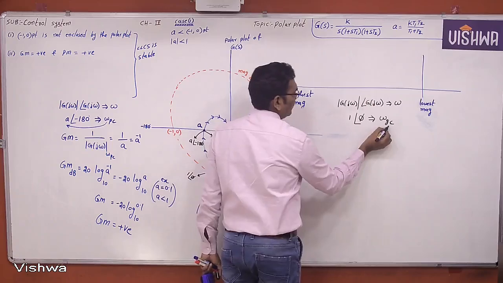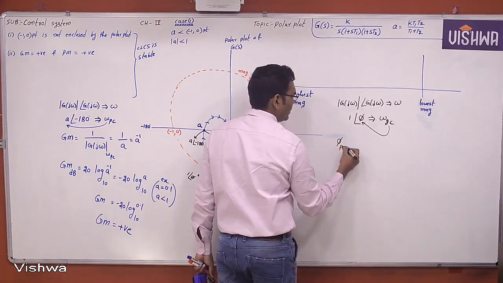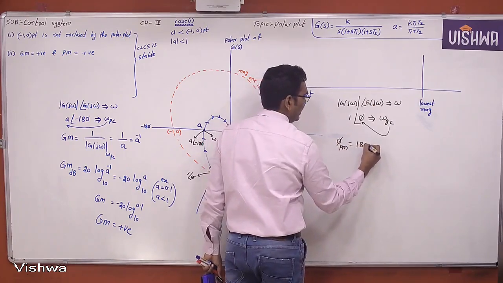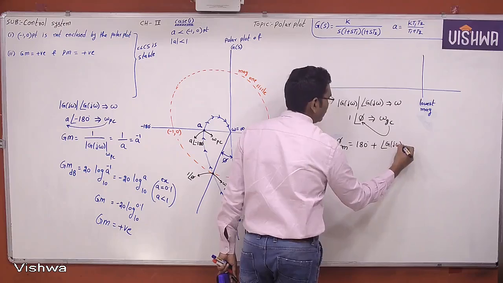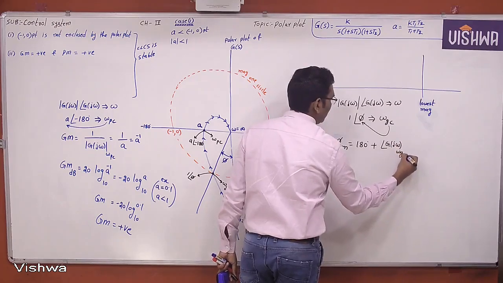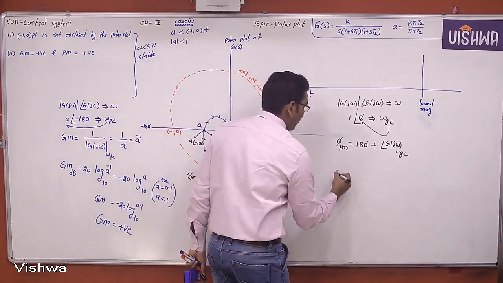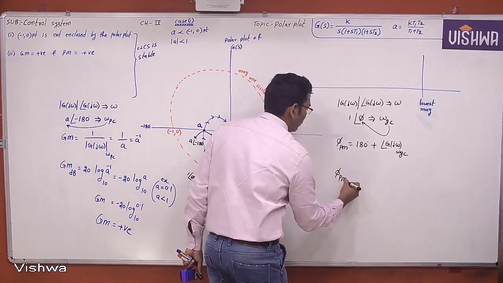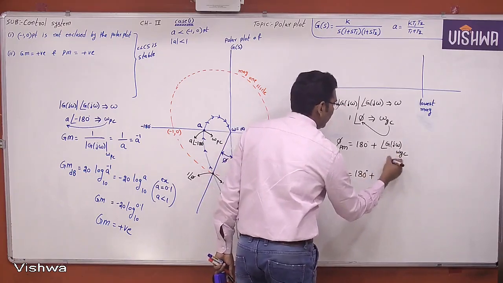At gain crossover frequency, this is the phase angle. But what is the phase margin? The phase margin is equal to 180 degrees plus the angle of the open loop transfer function at gain crossover frequency.